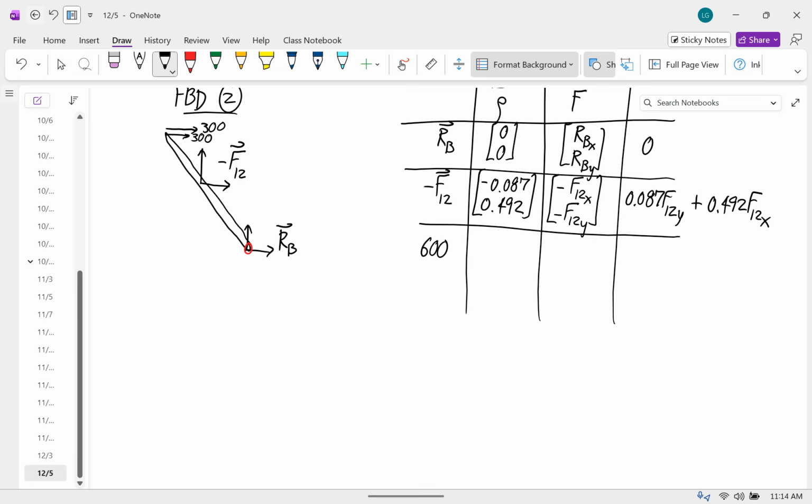So I'm going to just call this a 600 Newton force that acts at negative 0.174, positive 0.985, and the force is 600, 0. And so that is negative 591.